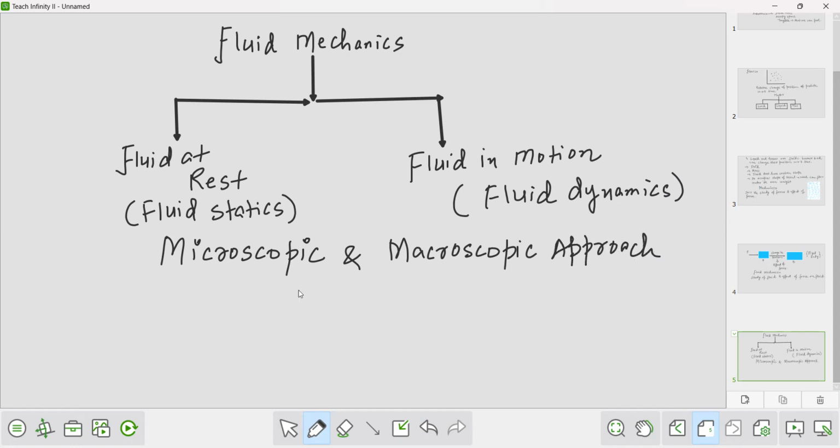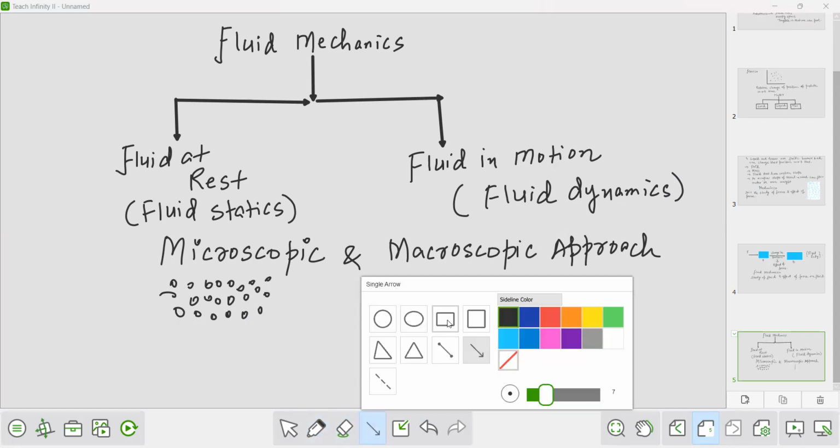In microscopic approach, you are going to study each molecule, each particle separately. You will study each and every particle, that is microscopic level. In macroscopic level, you will study a whole mass, like this whole section of the fluid.